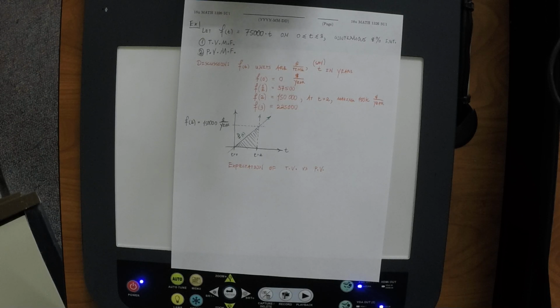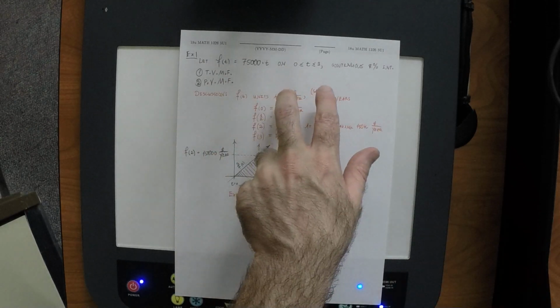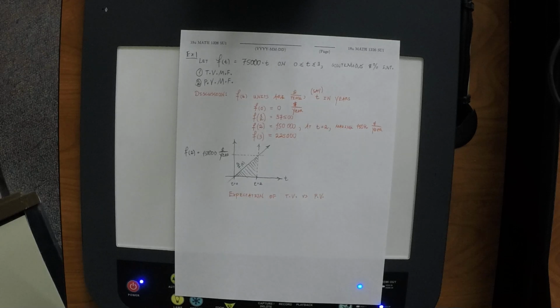So perhaps this hot dog stand is going to be worth $500,000, which is to say we're going to have $500,000 of income over 3 years. Well, what if someone were to walk up to you and say, I'll give you $350,000 right now for it? That's the question that you're trying to answer.